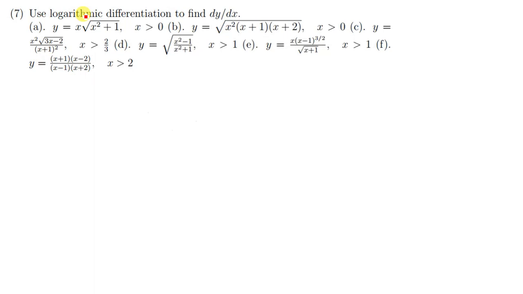The first question is y is equal to x times the square root of x squared plus 1. When they say we use logarithmic differentiation, they are not limiting you to use only ln.